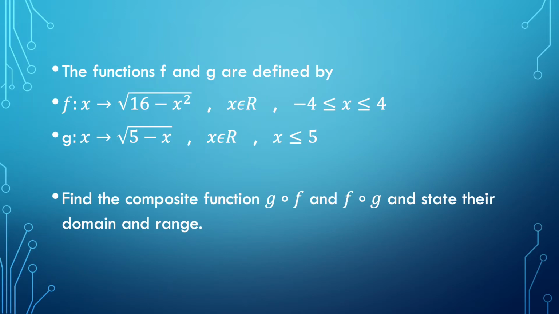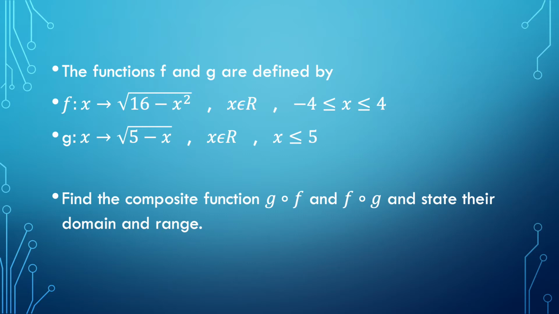The functions f and g are defined by f: x maps to square root of 16 minus x squared, with domain x belongs to real numbers and x greater than or equal to -4 and less than or equal to 4.